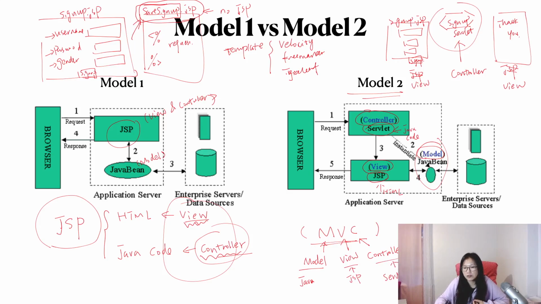I'm not sure if you can see because this part has my picture here. In Spring, the model is also Java. The view in Spring is plug and play. That's a feature provided by Spring. If you want to use Thymeleaf, there's no need to change the code in the model and the controller. You just need to change the view, but with Model 1 you cannot.